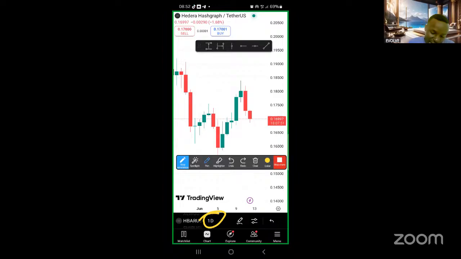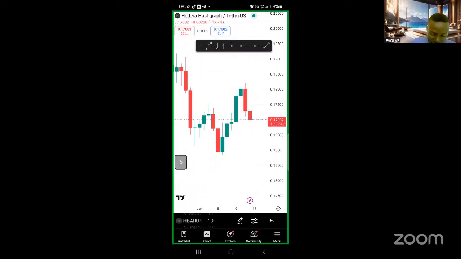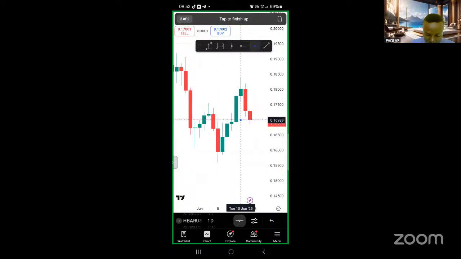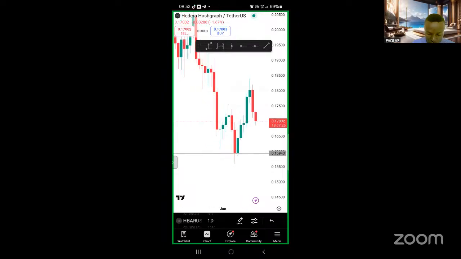So let us now try to see, based on the 1-day data, what can we find? Let us draw support line number 1. Put your line here and draw. Okay.